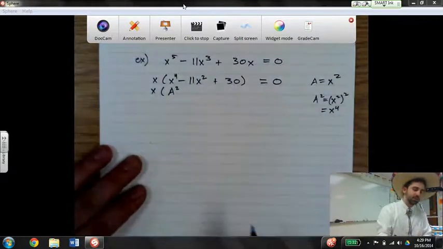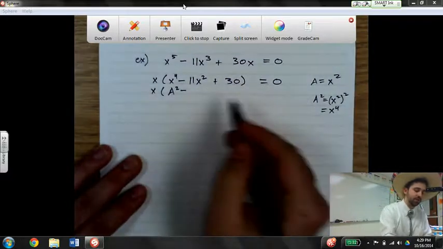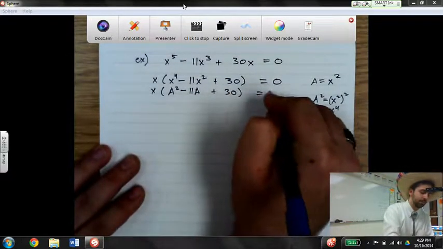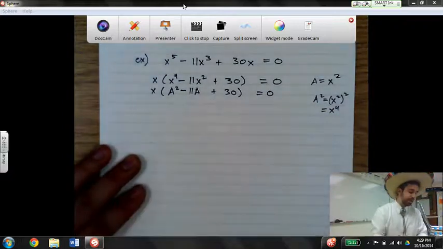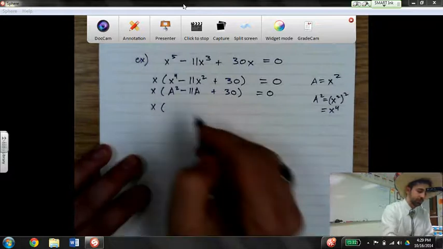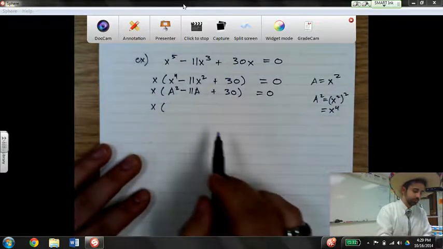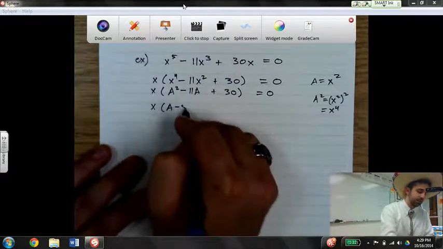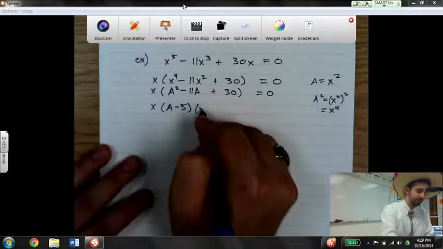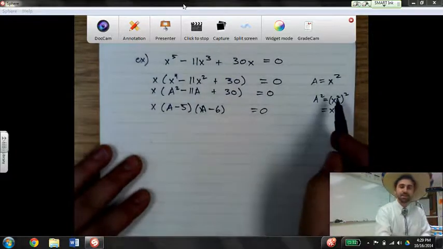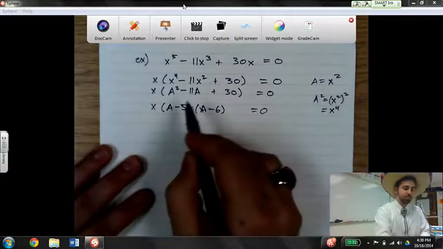So I'm going to substitute in everywhere I see an x squared for a. And from here, I can factor normally. And so I factor this down to get a minus 5 and a minus 6. And then I substitute the x squared back in for a.